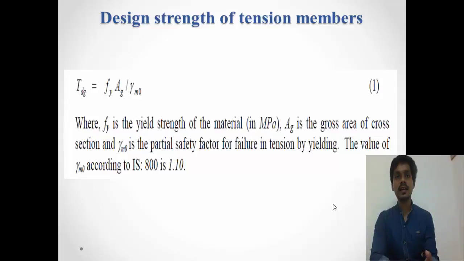Hence, in the design of tension members, the yield load is usually taken as the limiting load. The corresponding design strength of the member under axial tension is given by Tdg equals Fy into Ag divided by gamma m0, as taken from IS 800. Gamma m0 is a partial factor of safety taken as 1.1.